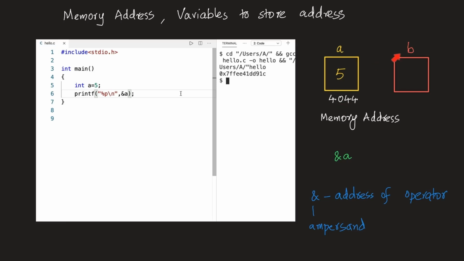This variable b cannot be an ordinary integer variable like a, because integer variable stores integers. This variable b has to store address of some other variable. So the variables that are created to store the memory address are called pointers.